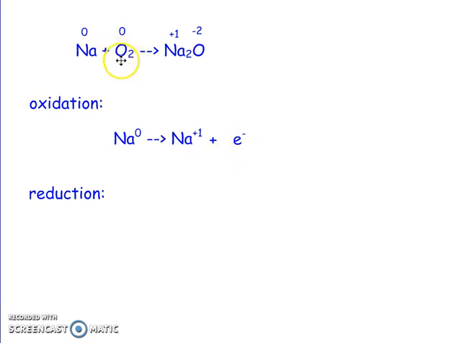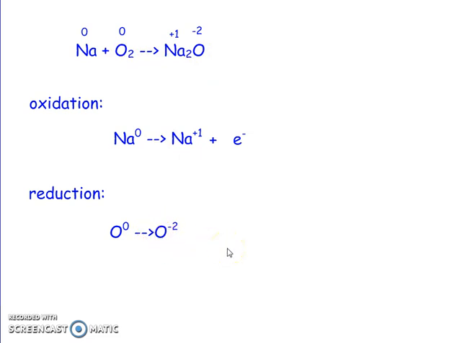If we look at oxygen, oxygen is going from a 0 to a -2 charge. In order to become -2, does the oxygen need to gain or lose electrons? To go from 0 to -2, since electrons are negative, the oxygen has to gain electrons, which is reduction. So we're going to have O as it starts with a 0 charge, arrow O as it ends with a -2 charge.